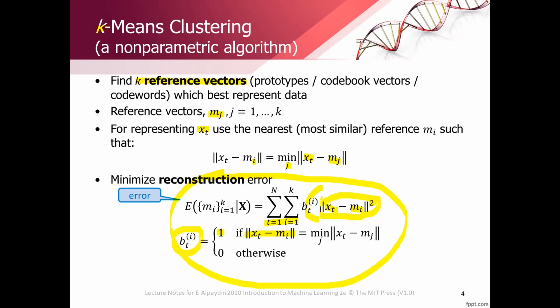When we take the square, we have the square distance. And this is the square of the reconstruction error. The goal here is that if we sum all the reconstruction errors, we would like to minimize that. So our goal is to find such representatives, mi, that the reconstruction error is minimized.